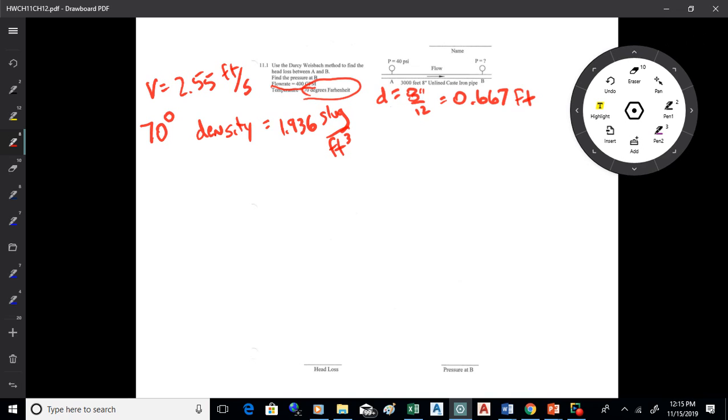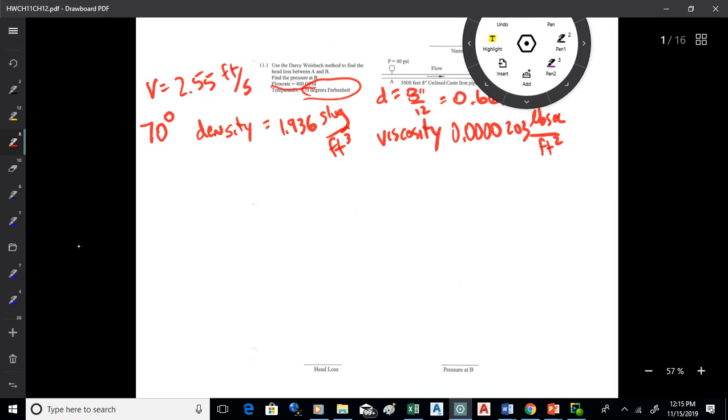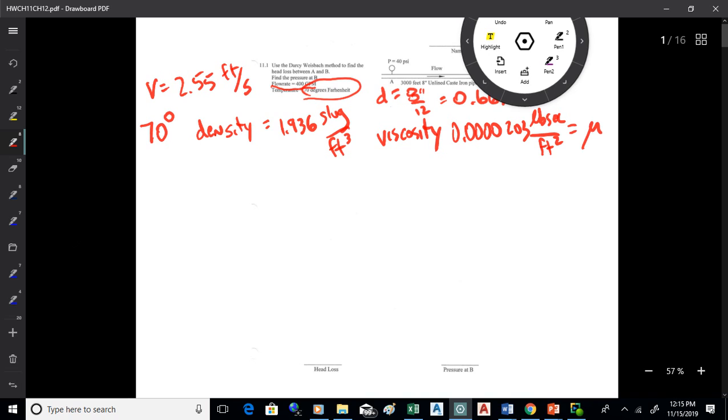So what we get for viscosity is 4 zeros, 0.12340, and that has some rather funny units, pounds second per square foot. The variable is called mu, a Greek letter that's used for viscosity.